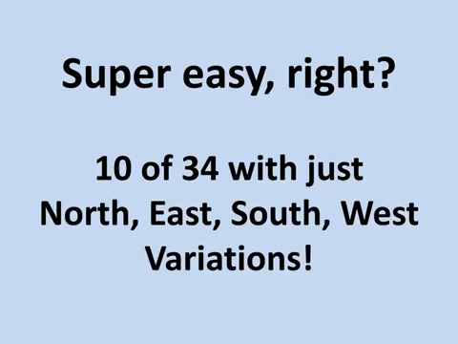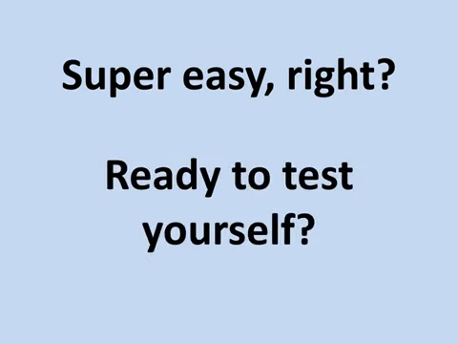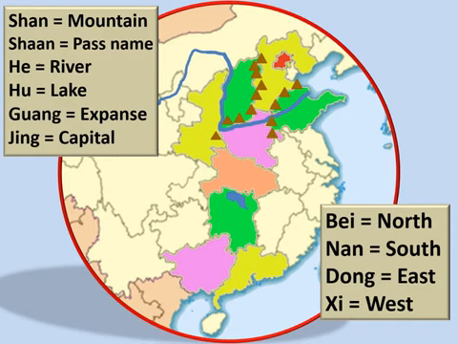China's use of descriptive names has made learning these place names super easy. We have already covered 10 of the 34 administrative areas. Ready to test yourself? Look at the map. What is the name of the capital city in the north of China?